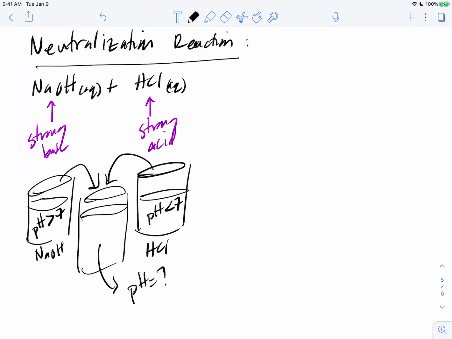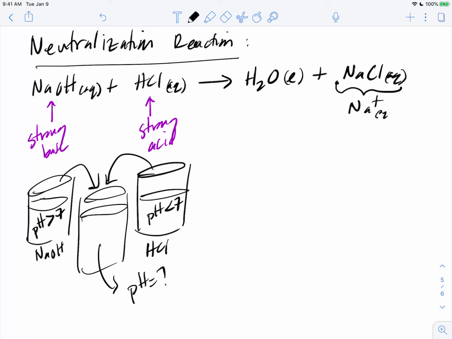And so if we look at this, we add these together, we will basically create water, H2O, as a liquid plus NaCl aqueous. Now, we know that this is actually just Na plus ions and Cl minus ions floating around, but we write that as NaCl aqueous in this notation.